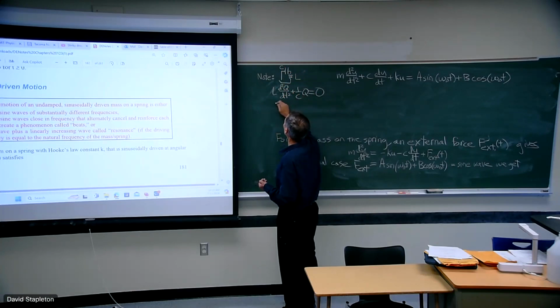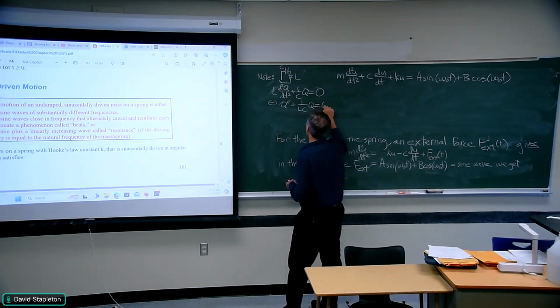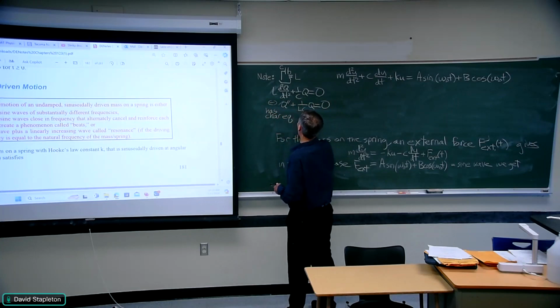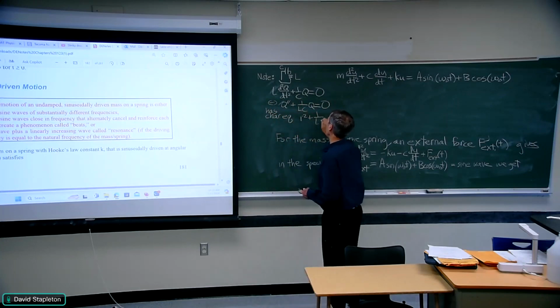And this one then becomes Q double prime plus 1 over LC Q equals 0, which has characteristic equation r squared plus 1 over LC equals 0.